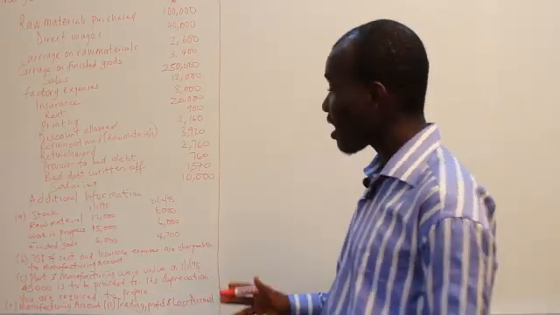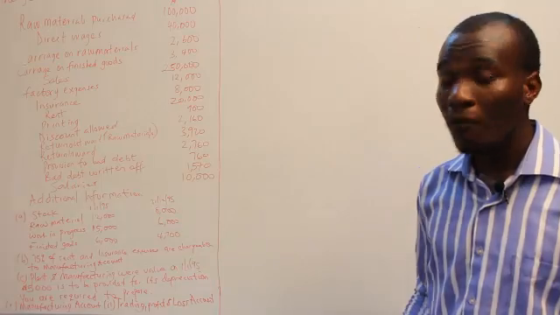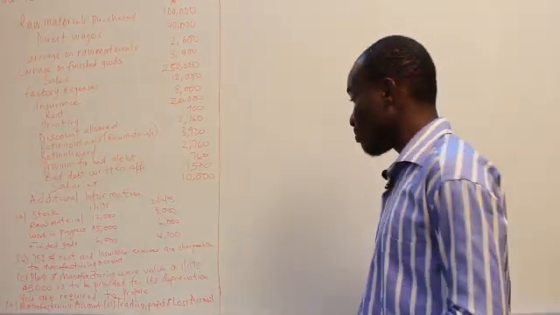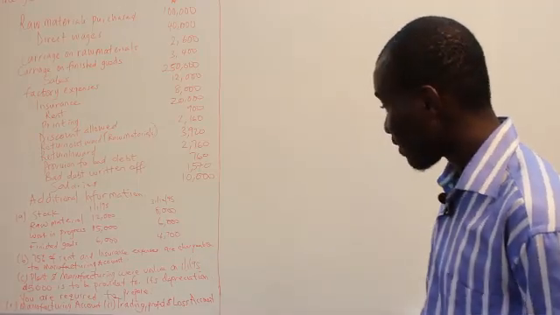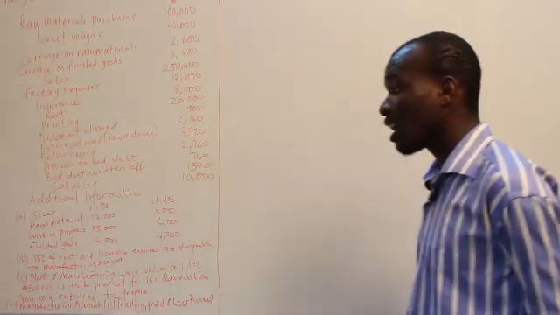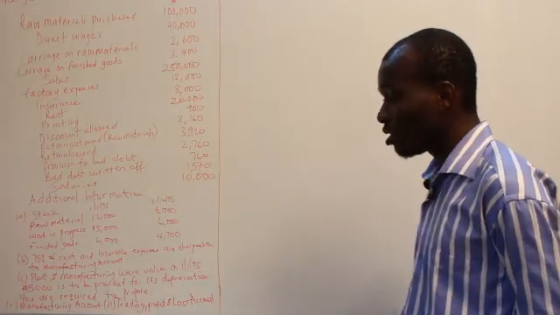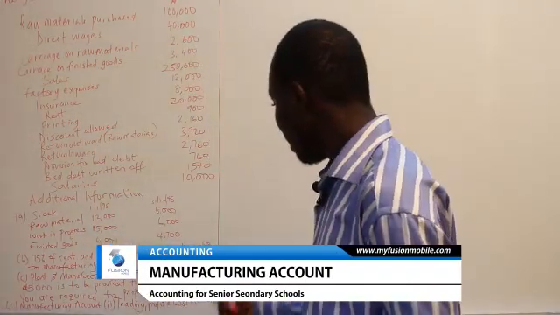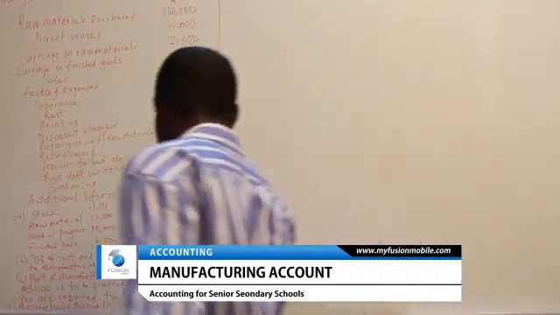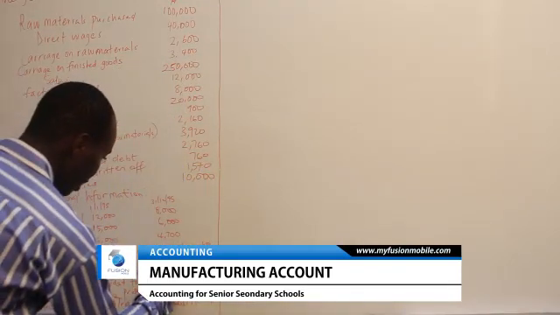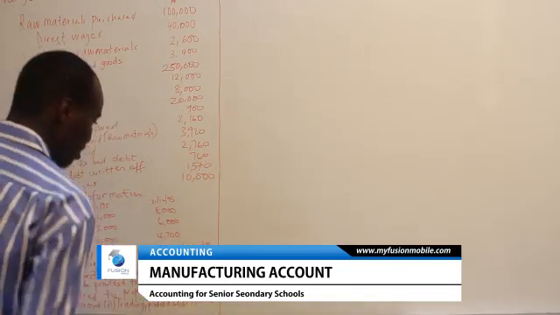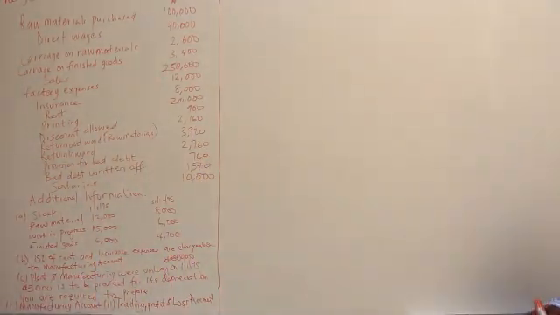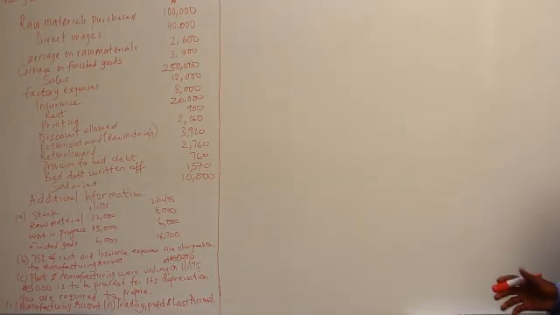And again, we are told that plant and machinery were valued at 80,000 naira as at 1st January 1995, and again 5,000 naira out of the value is to be provided for its depreciation in the period.